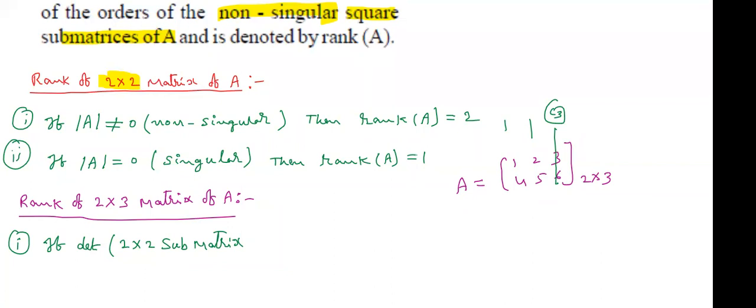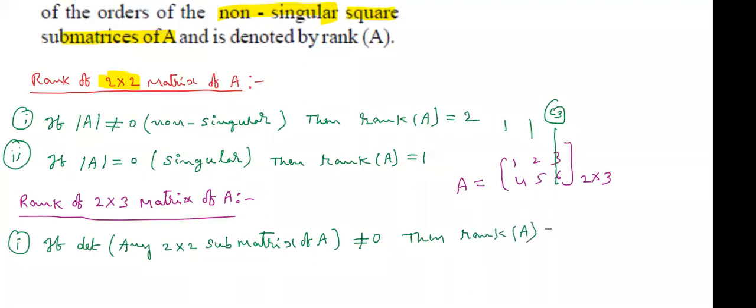If the det of any 2 by 2 submatrix of A is not equal to 0, then rank of A is equal to 2.